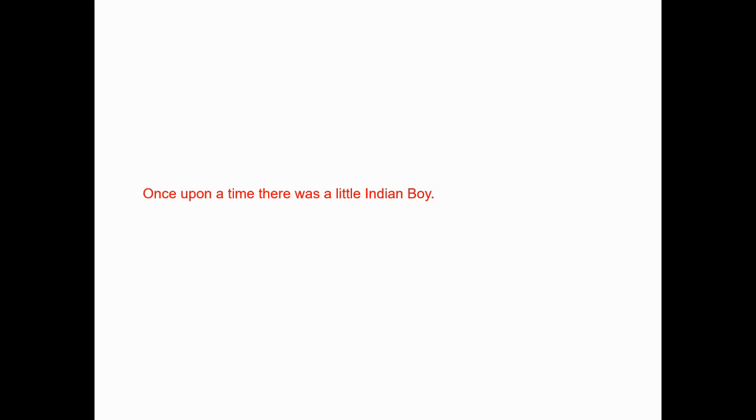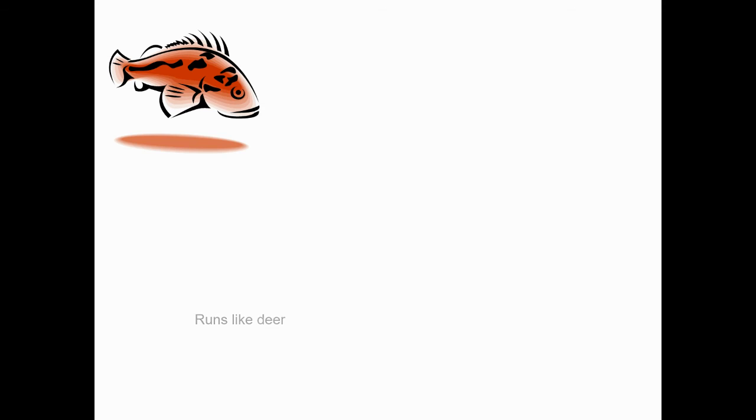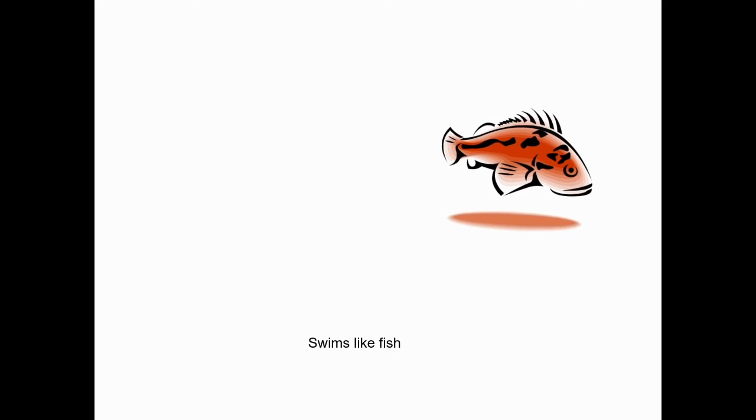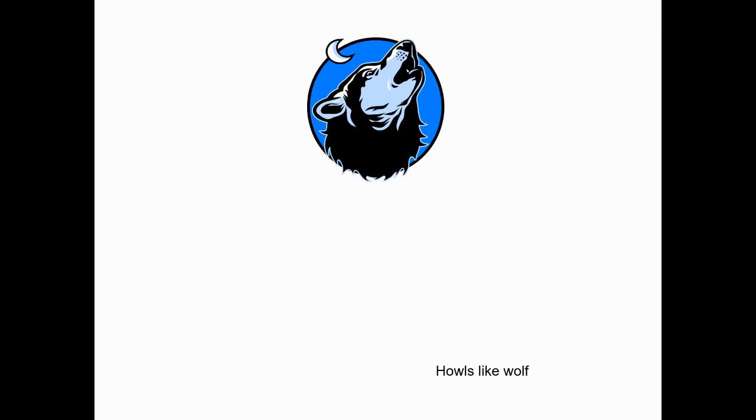Once upon a time, there was a little Indian boy. He was about to the age when all the little Indian boys get their Indian names, like runs like deer, swims like fish, and howls like wolf.